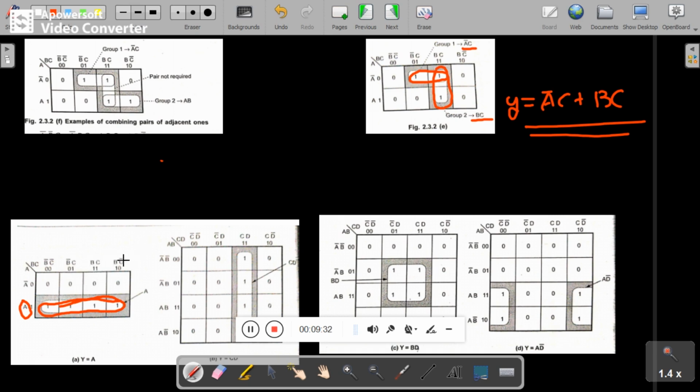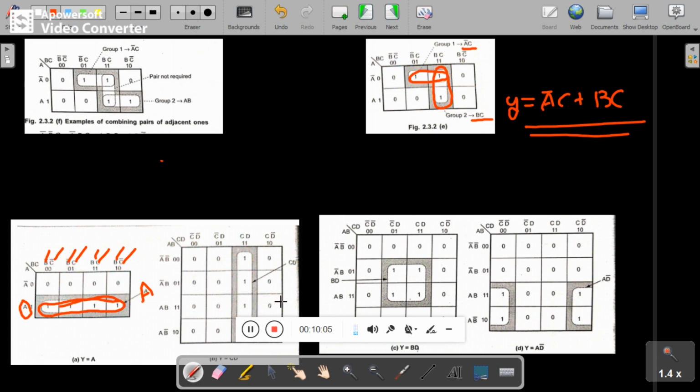For example, C bar will get negated with C, this C will get negated with this C bar, B bar will get negated with B, and this B bar will get negated with B. That means the only answer is A. So when you group 2 ones, you will get the answer in terms of two variables. When you group four ones, you will get the answer like a single variable.